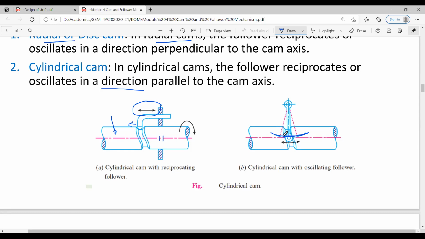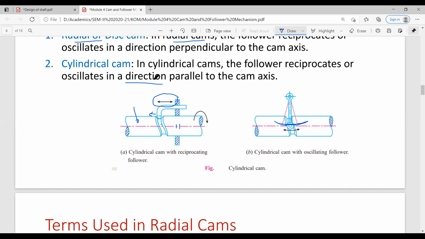So you can imagine it to be parallel with the axis of the cam. So it is a cylindrical cam. So that is about the classification of followers and the classification of cams. I will suggest you refer to the Ratan book also in order to study more types of cams.